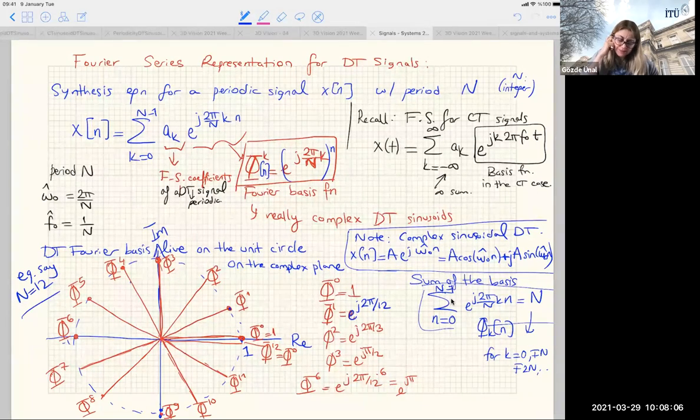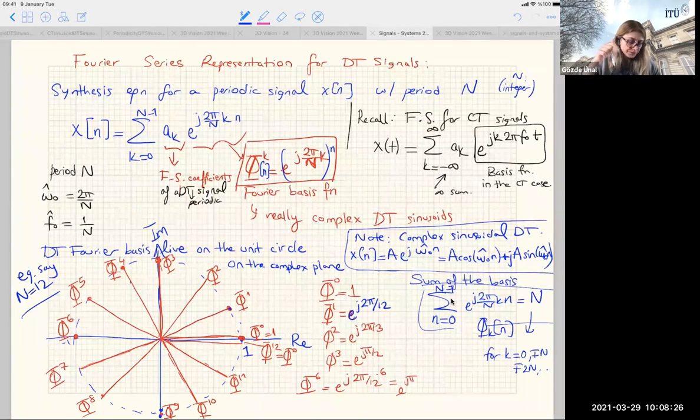What I'm trying to show is that these bases have the zero sum property. Remember, we've seen it for the discrete time Fourier and continuous time Fourier series bases: the zero integral property, and also the orthogonality property. These bases also show that.